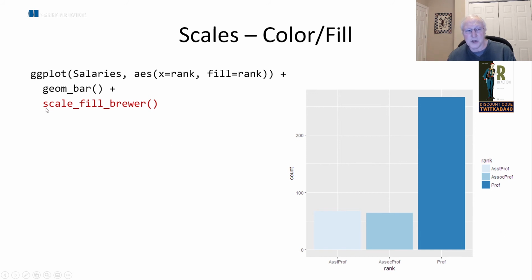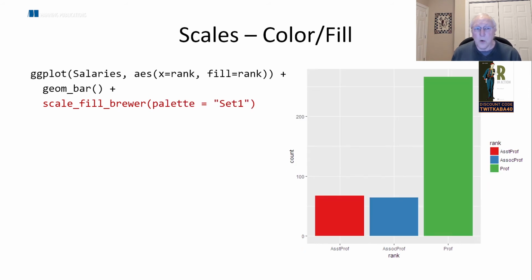And I'm adding the function scale_fill_brewer to specify that I want to pick a palette from the Brewer package. Or I can specify a particular palette. This is the Set 1 palette. And it gives me these colors. Set 2, Set 3, Set 4 give me other palette choices. We can pick the one that we like.